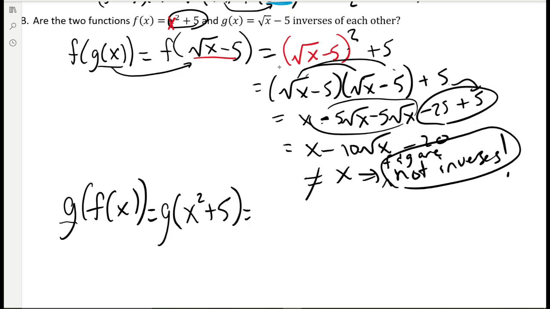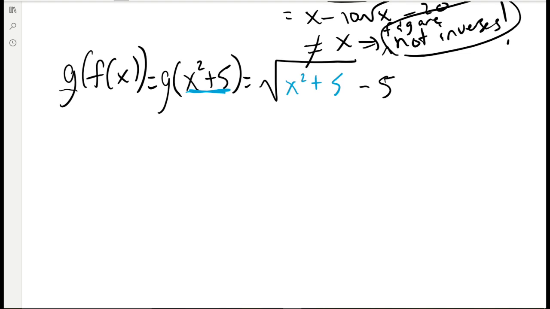So now we're using the g function, and we're plugging in x squared plus 5 for x. So the x here in g gets replaced with that. So now we have the square root of that, x squared plus 5, and then on the outside, minus 5.